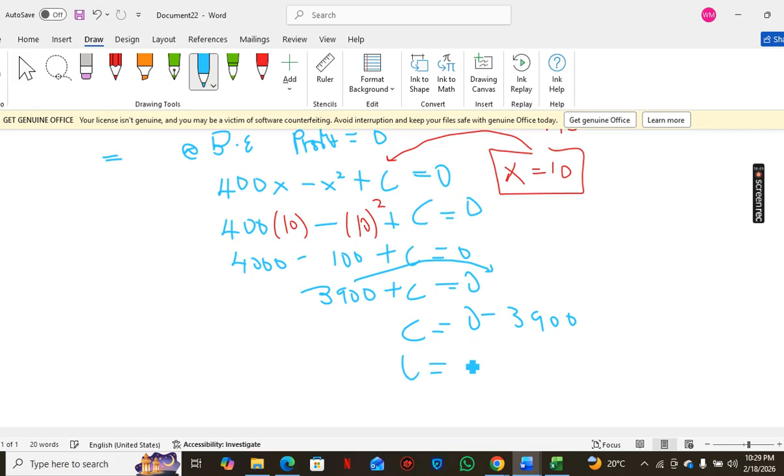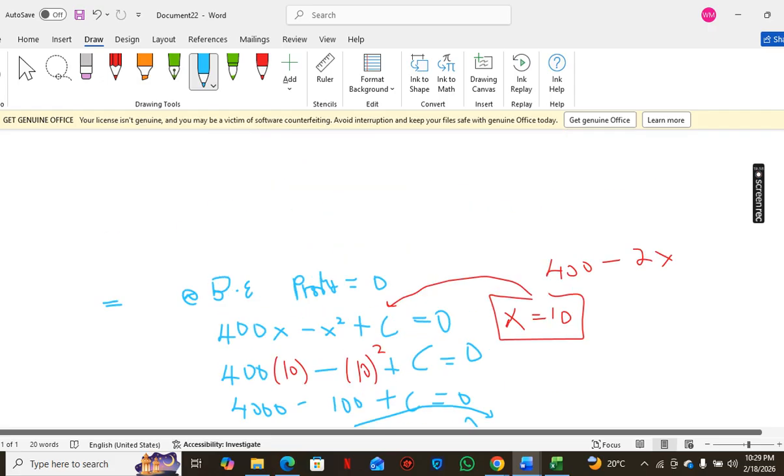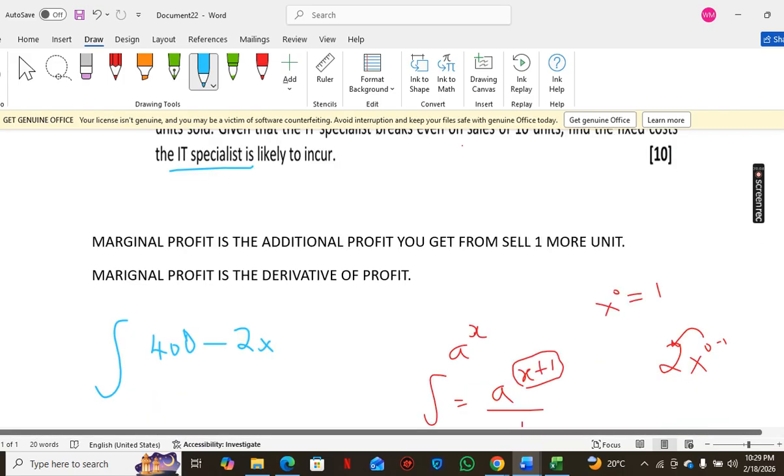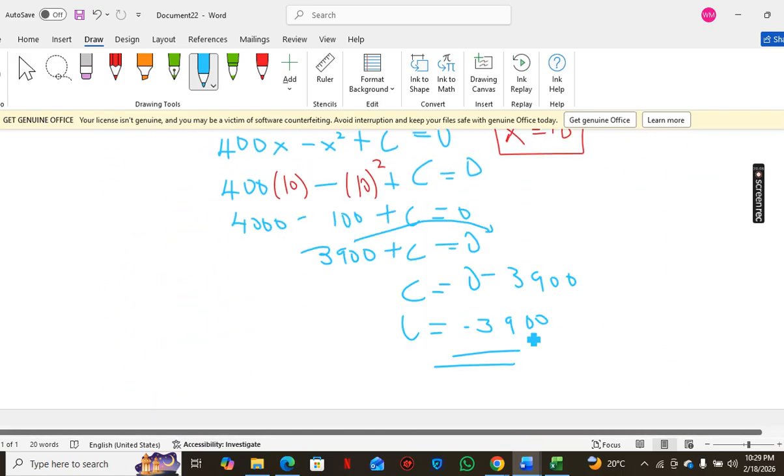Therefore, you're going to say c equals negative 3,900. That is the value we're looking for in the question. Find the fixed costs the specialist is likely to incur. So c equals 3,900.